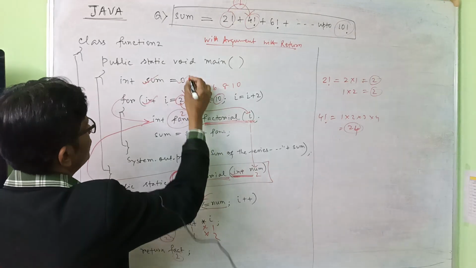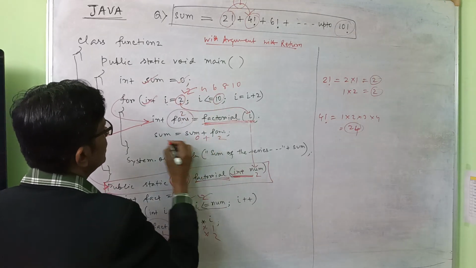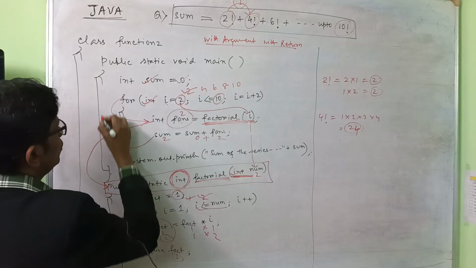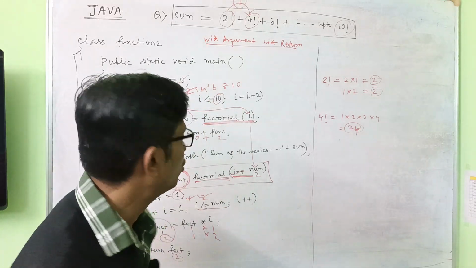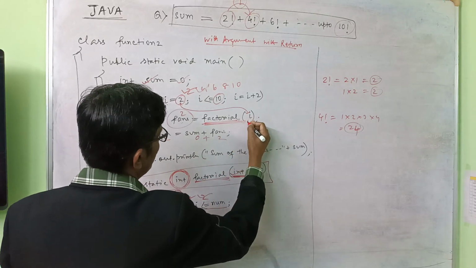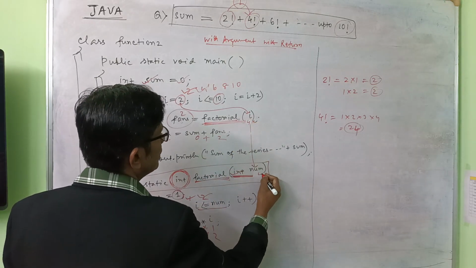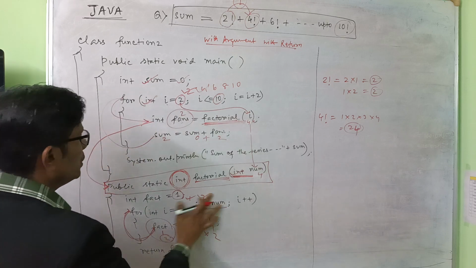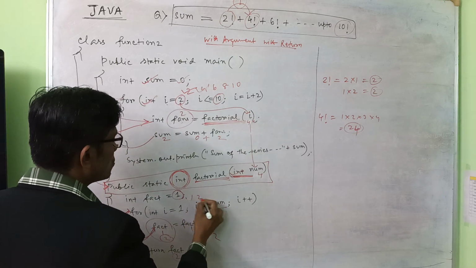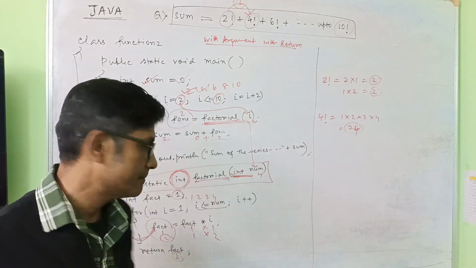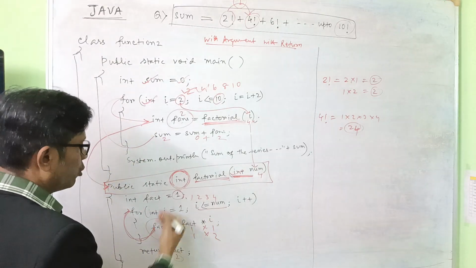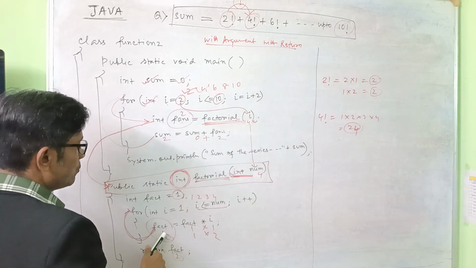This sum: 0 plus 2, it is 2. Going back, the loop is working for the second time. Now this time we are working with 4. So the loop will work how many times? 1, 2, 3, 4. Again fact is starting from 1. So you can understand, this time it works 4 times, while before it was 2 times.